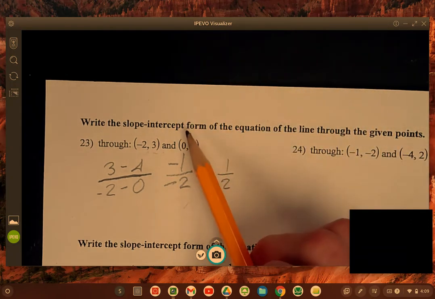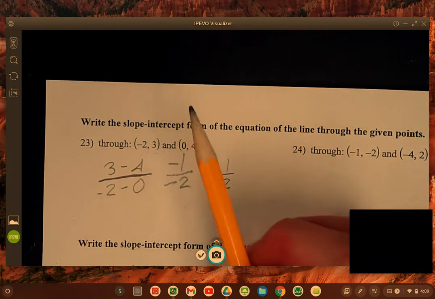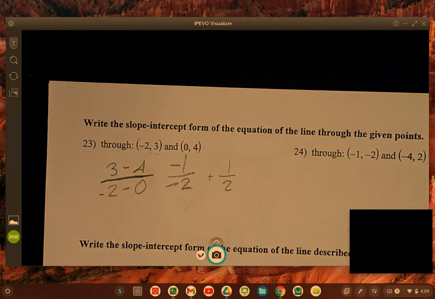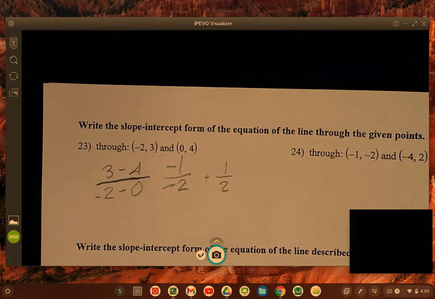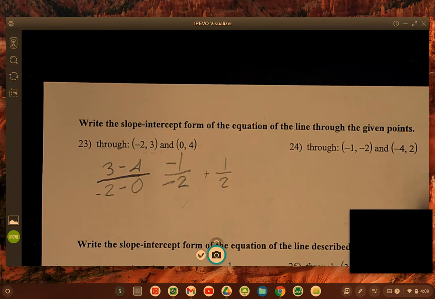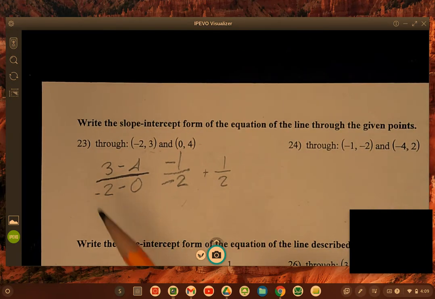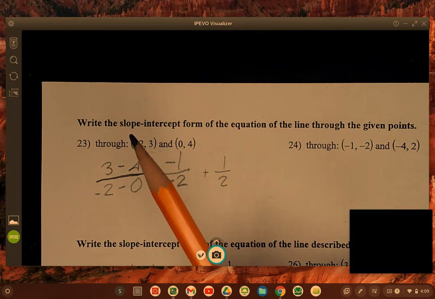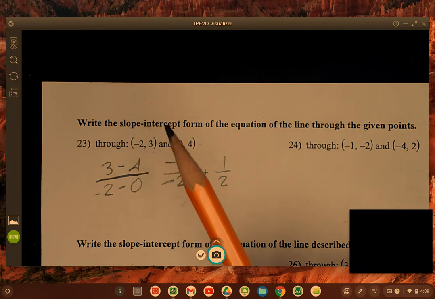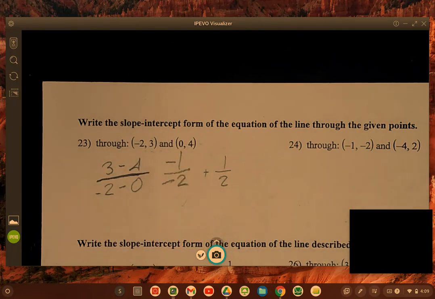And then you're going to have to write it in slope intercept form. Nope, because I know a point and I know a slope. Yeah, so do it in point slope form. But do you think you should start with point slope and then get it into slope intercept? That's what you were saying. Okay, sorry. How are you gonna do it?